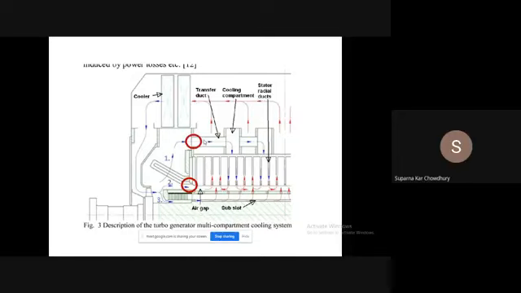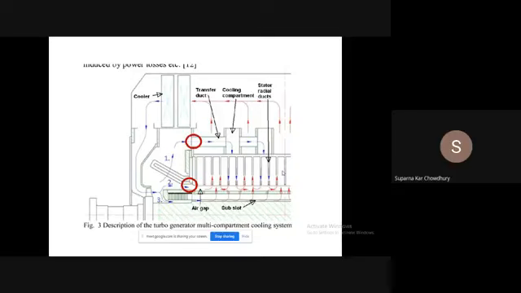This direct water cooling is used for very large rating machines, but obviously the water should be pure, because if there is impurity, water becomes conducting, but pure distilled water is non-conducting. So the quality of water is very important. For outside cooling we should have a coolant, and additionally we can have direct water cooling.